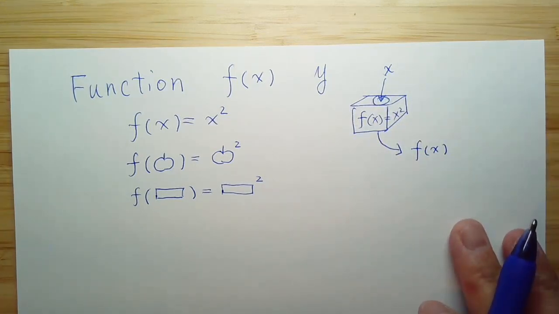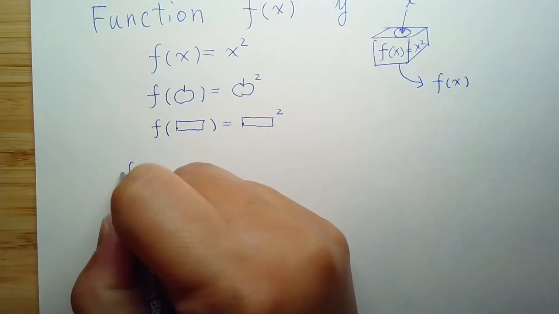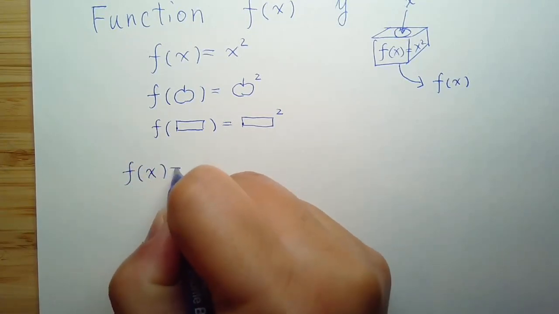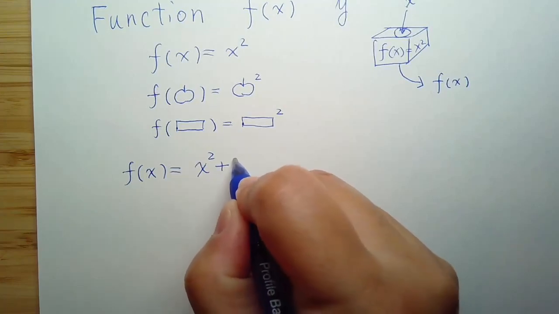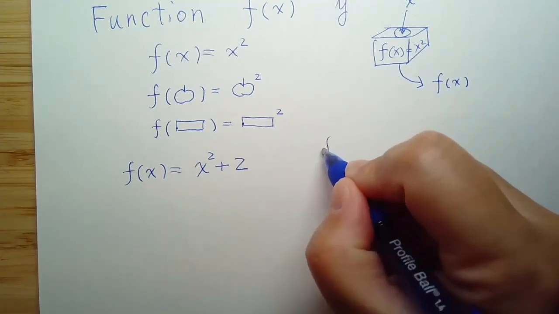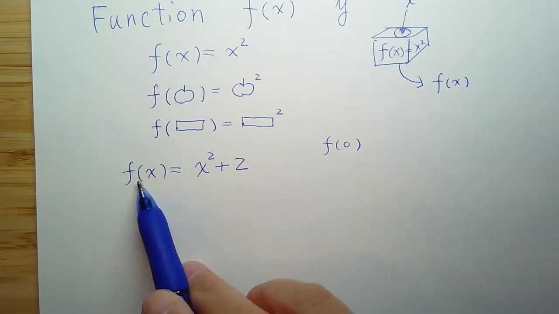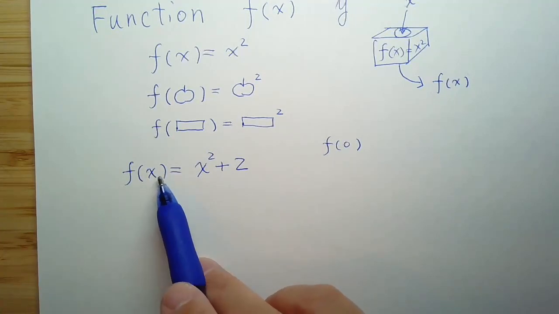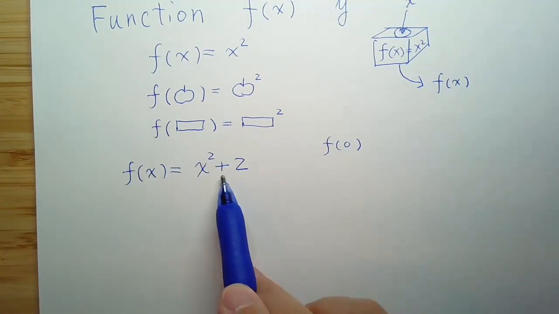All right, now let me give you two examples. The first one, f of x equals x squared plus 2. Let me ask you, what is f of 0? Then f of something, you can just think of this x as something, equals that thing squared, then plus 2.